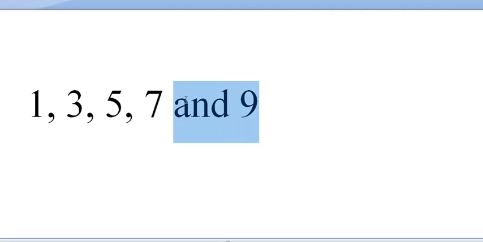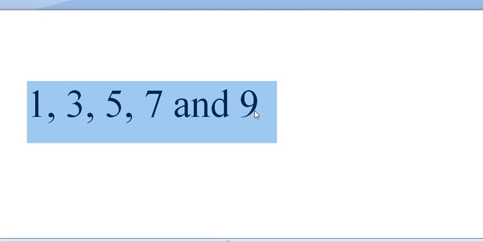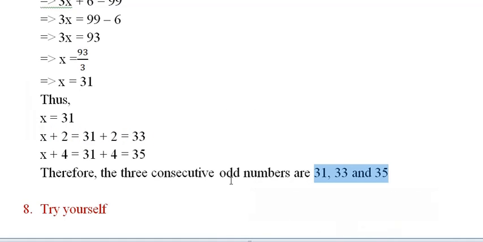Have we left out any odd numbers in between? No, we have not, isn't it? So that's the meaning of the term consecutive, which means without leaving any odd numbers in between. So between 31, 33, and 35, is there any odd number missing? No, it's not missing. So the answer is 31, 33, and 35.